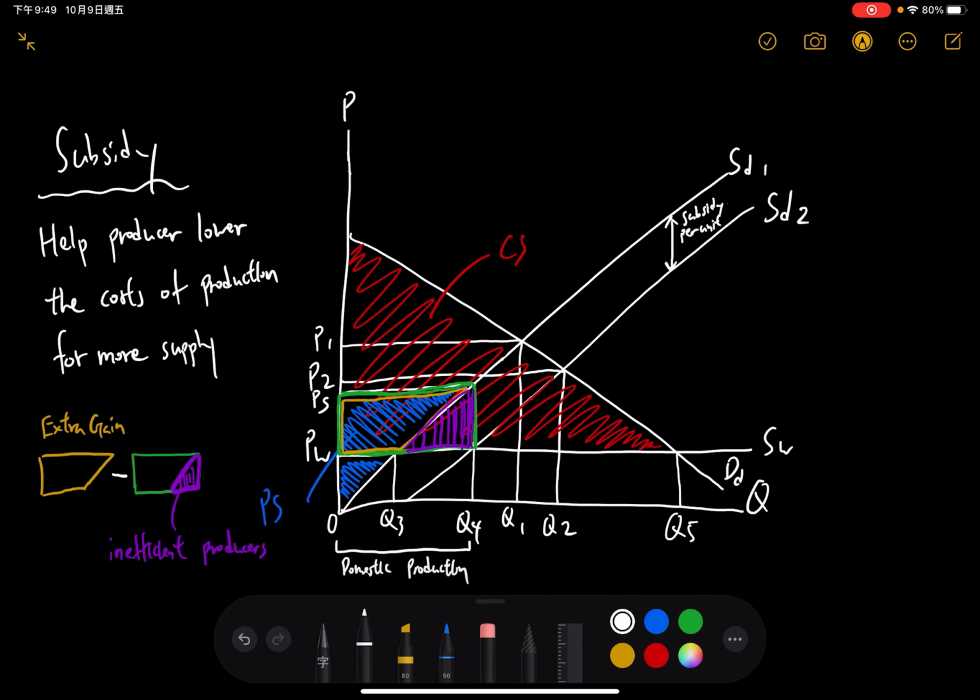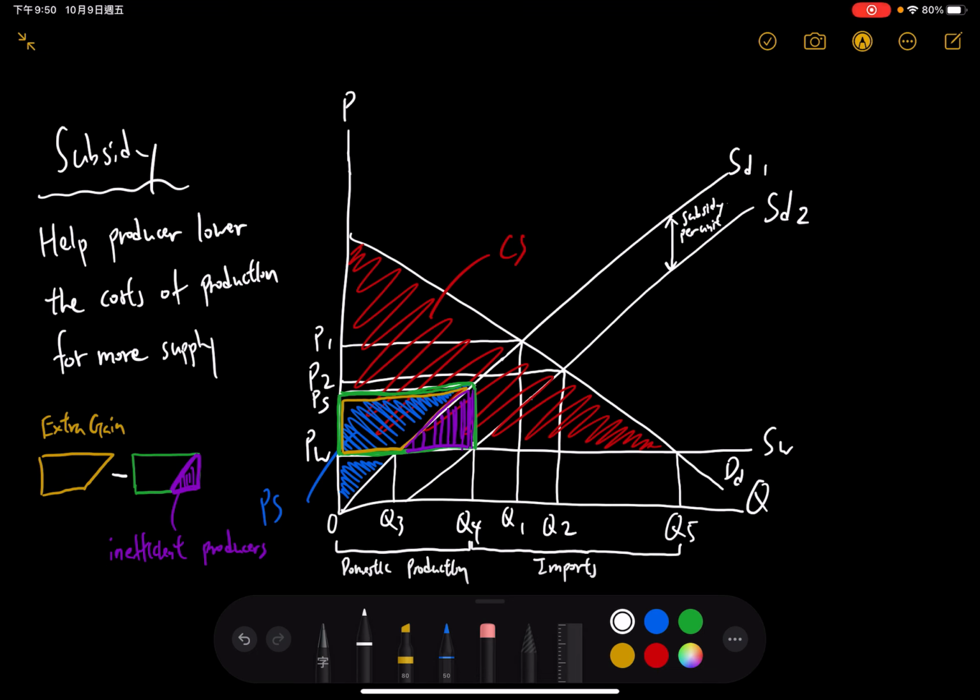And after that, the importers will take it over. So after the domestic production, it will become the imports. As long as you know those ideas, you are able to calculate the other areas.